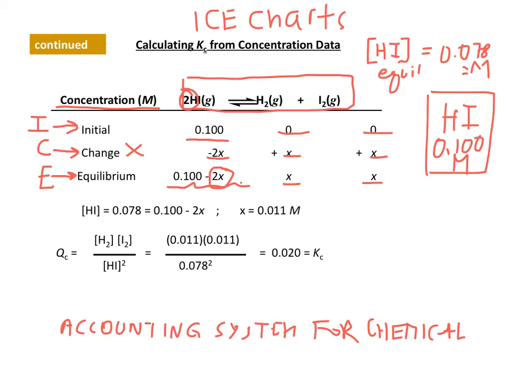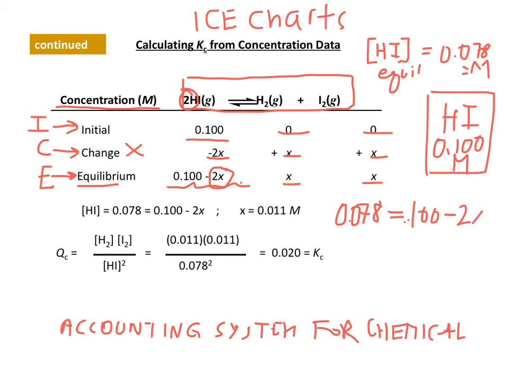So 0.078, which is up here, which was given, is equal to 0.100 minus 2X, which is right here.